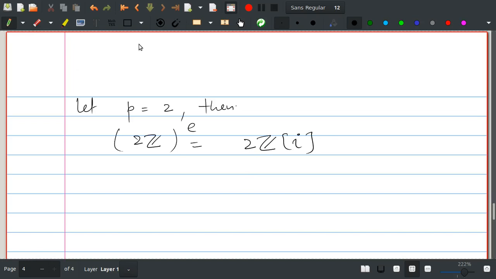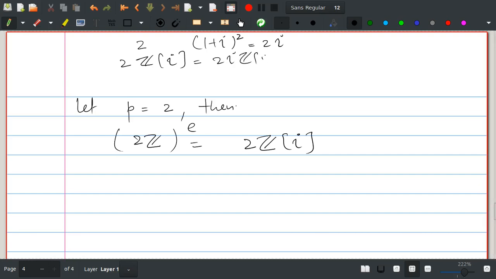But if we look at the element 2 in Z[i] and the element (1+i)^2, which is 2i, then the ideal generated by 2 in the Gaussian integers is the same as the ideal generated by 2i, which is the same as the ideal generated by (1+i)^2.